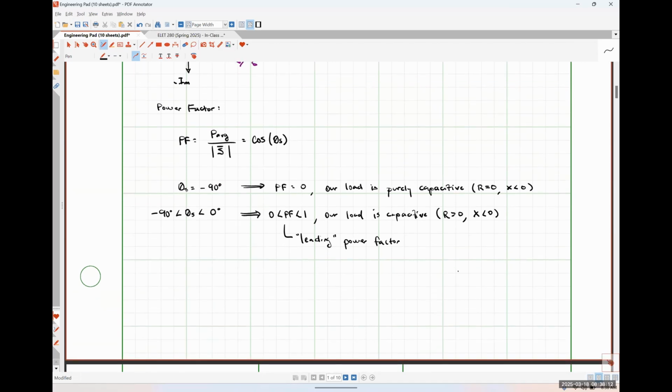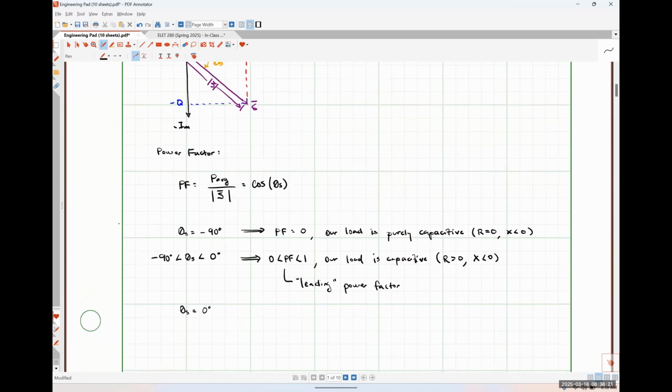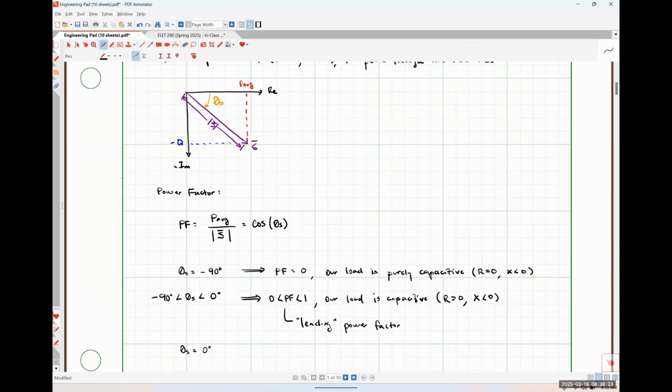So now let's say that theta s is exactly equal to 0 degrees. So looking again at this capacitive load power triangle, imagine that theta s were 0, okay? So what would our reactive power be in this case?